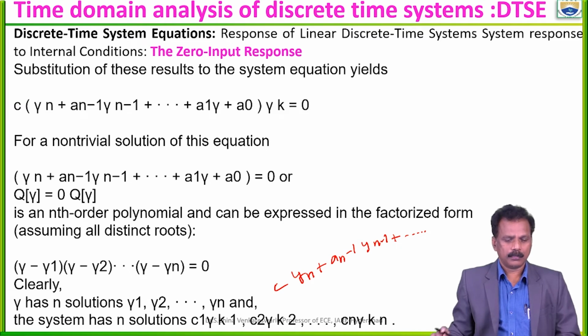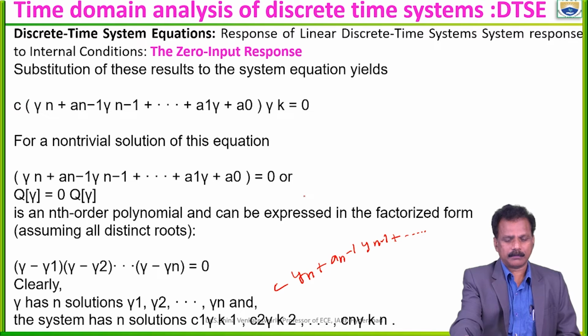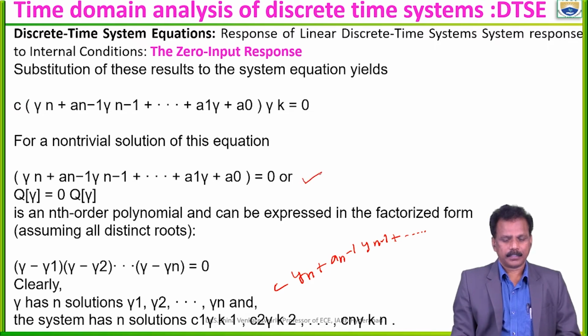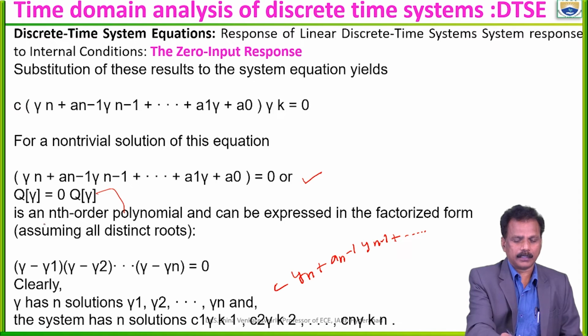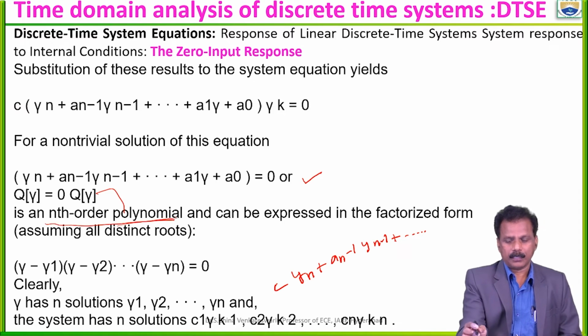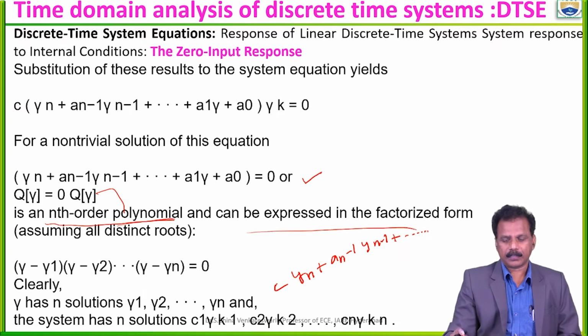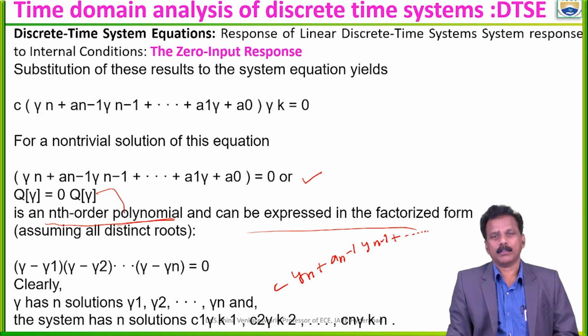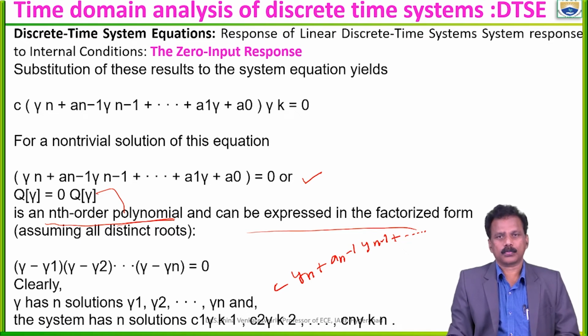So for the trivial solution of this equation, y of n plus a of n minus 1 y of n minus 1, and so on, that is Q of y equal to 0, Q of y is an nth order polynomial that can be expressed in the factorized form, assuming all distinct roots.